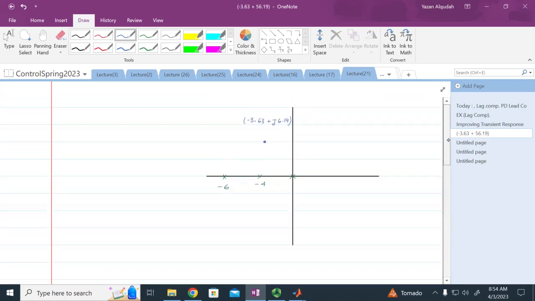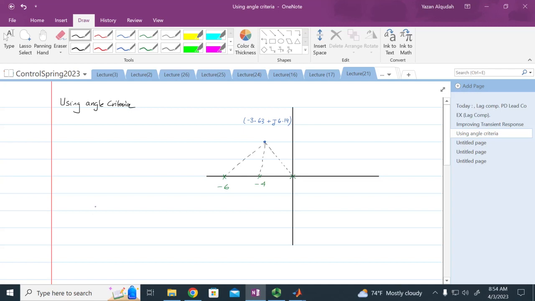So therefore here, using angle criteria, what I'm going to do first is see how off I am from 180 degrees. So I'm going to come to the poles that exist and the zeros that currently exist, but I don't have any zeros that currently exist.